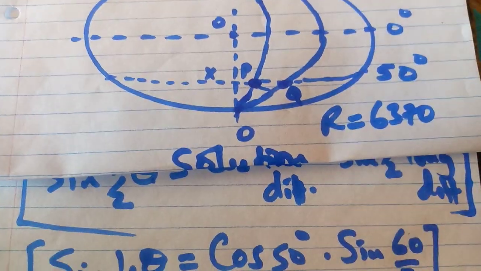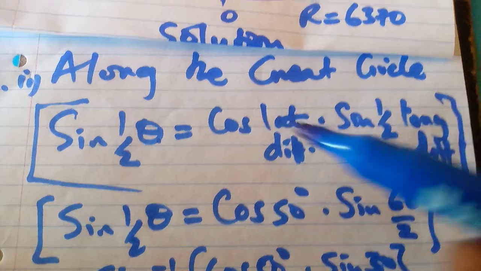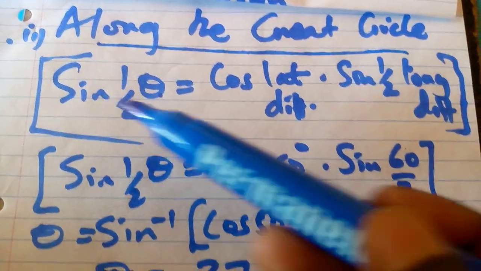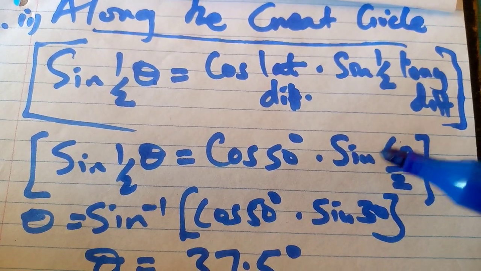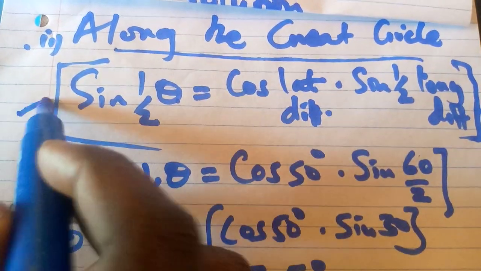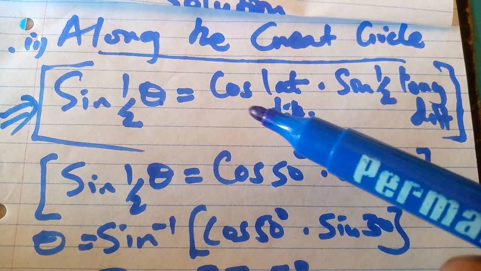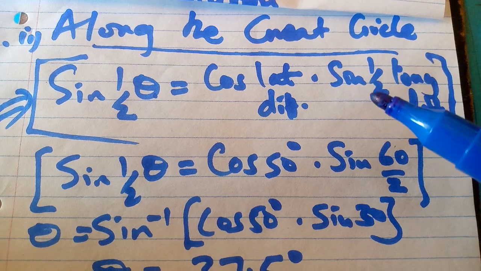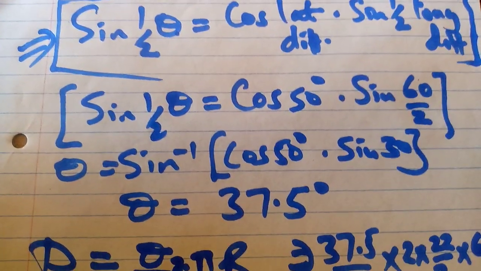But most importantly, when using the great circle, for us to get the angle between the 2 points, whether it is on the same side or on the opposite side, we're going to use this formula to get the angle theta. Sine of half theta equals cos latitude difference multiplied by sine of half longitude difference. Then it's going to give you an easier work.